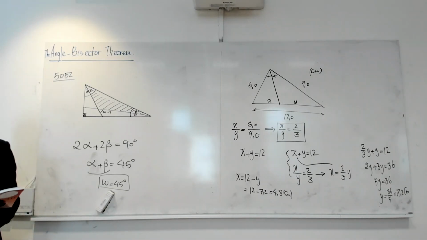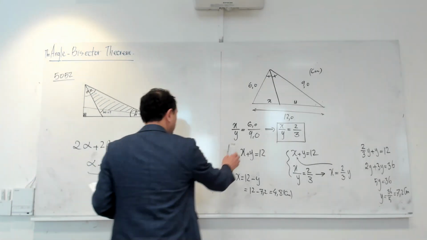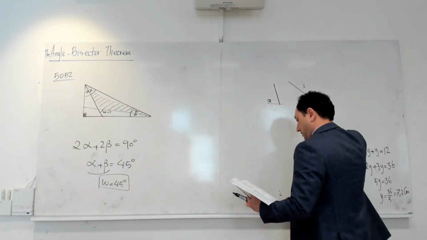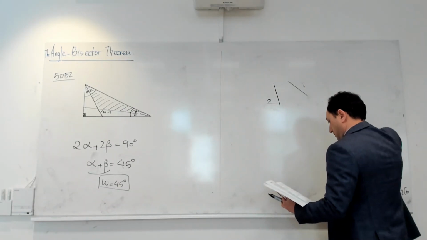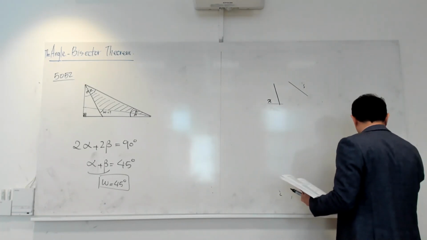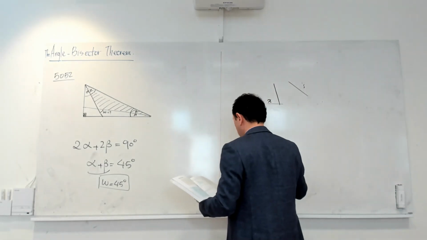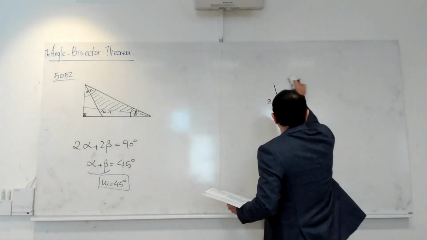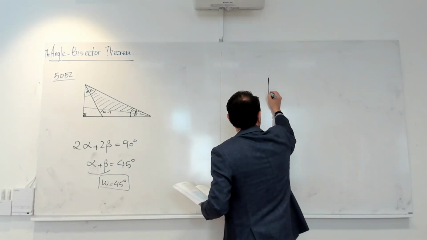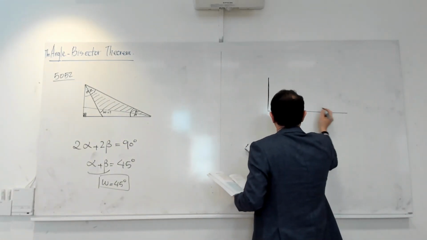If I understand the translation correctly, in a right angle triangle, the bisector of the right angle divides the hypotenuse into these. Let me draw it again. I have a right angle triangle in this way.